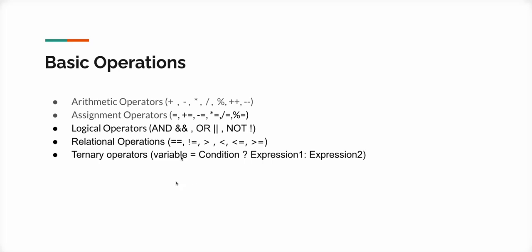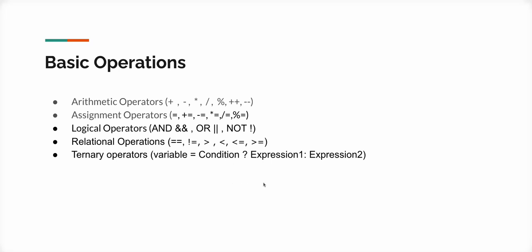This is the way a ternary operation is written. We have the variable, which is the result, then the condition, and then a question mark, which is like you're asking a question. Maybe you have A equals B, and you use the question mark to ask the question.